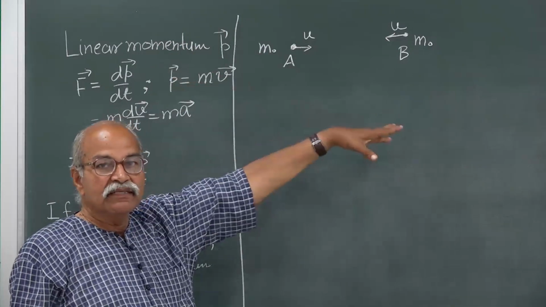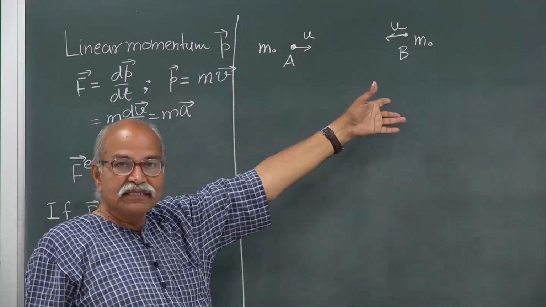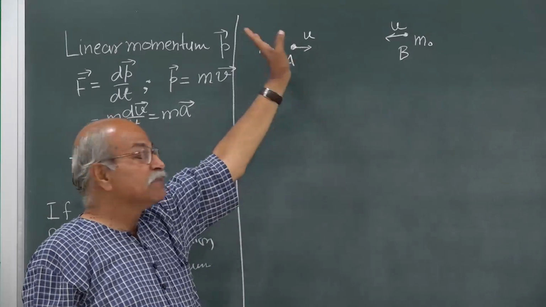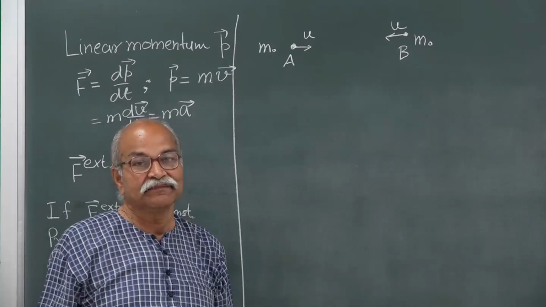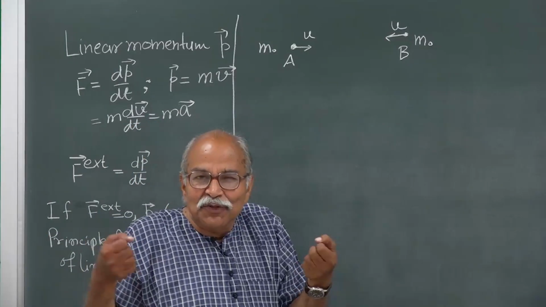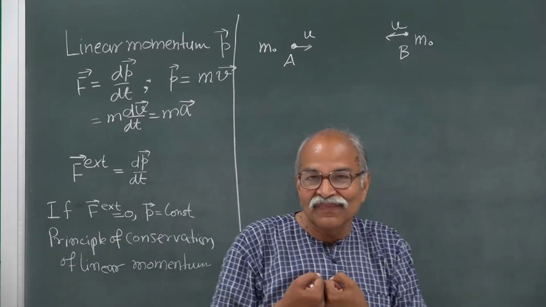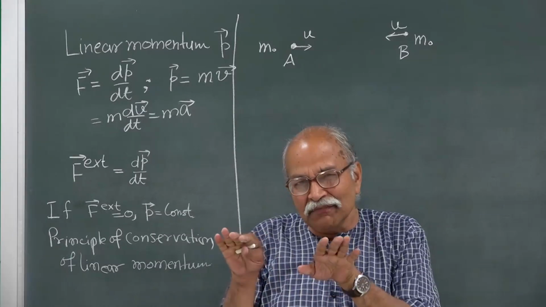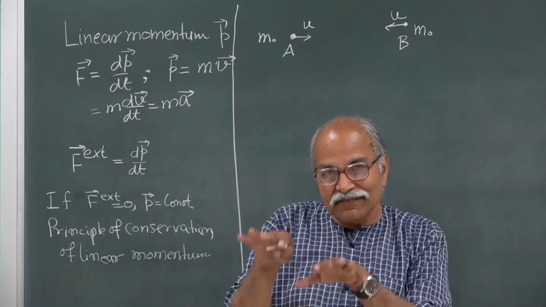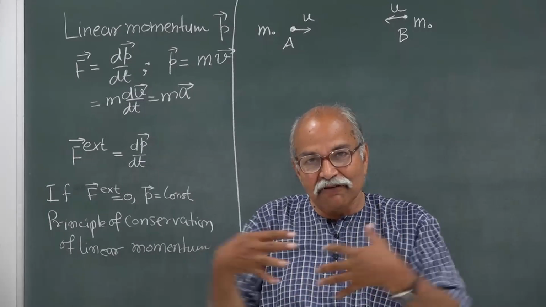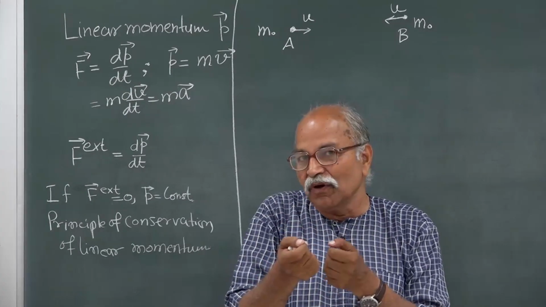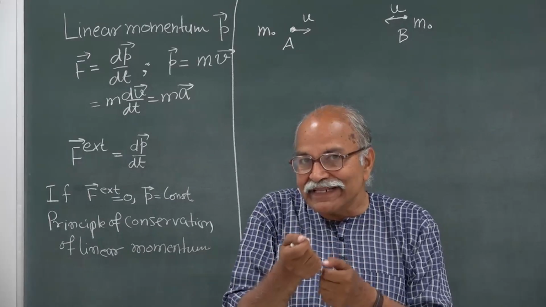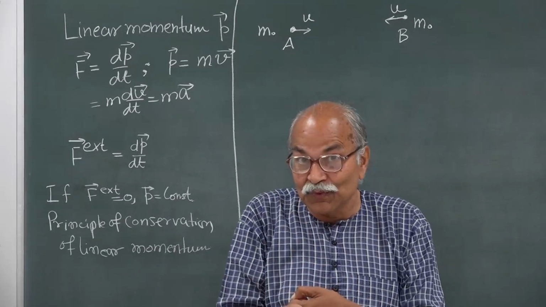You have two particles with the same masses m naught and the same speeds u, going towards each other. The collision is not head on, and there is some slight shift, and hence after collision these particles pick up a small velocity in the y direction also.